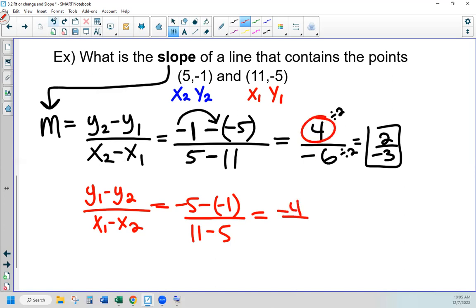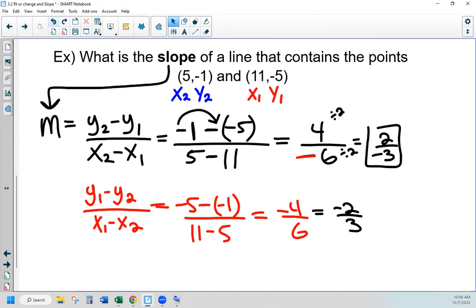Notice that the number's the same, but the negative is now working itself at the top. 11 minus 5 is 6. Look at that. Remember from before, I told you that if you have a negative symbol on a fraction, it doesn't matter if the negative is on the bottom or on the top or on the side, as long as there's one negative. So with that said, if we simplify this, we get -2 over 3.